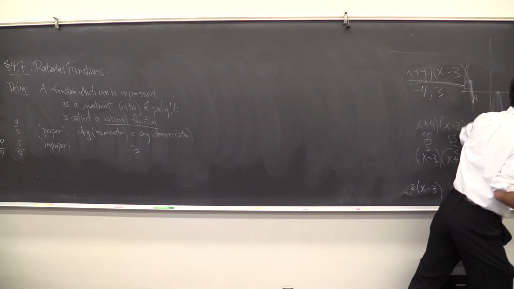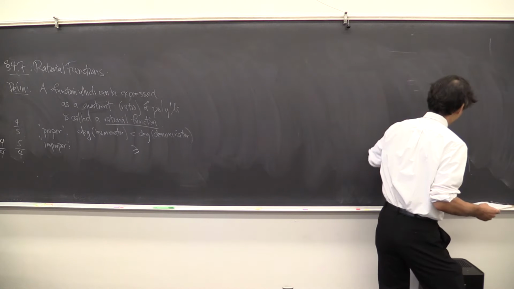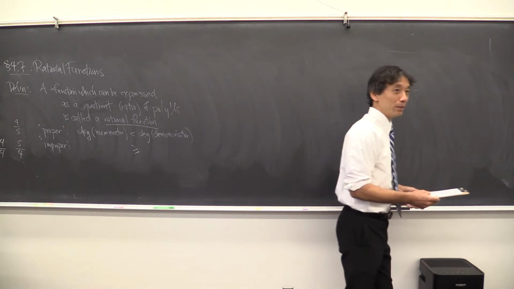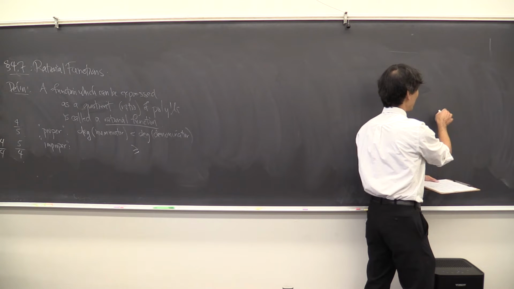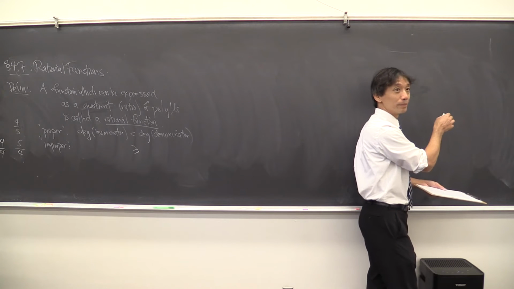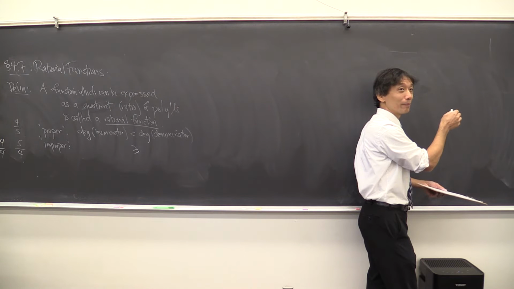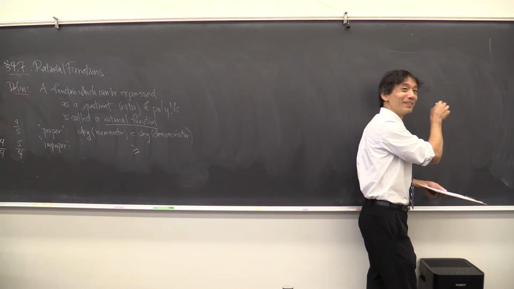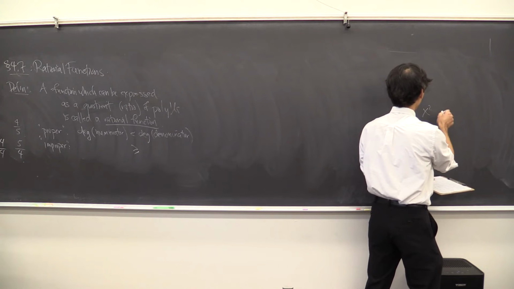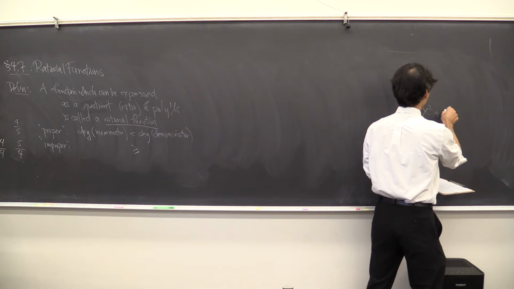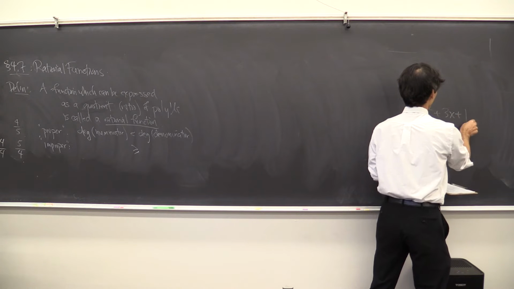You don't have to know this, but let me just show you something like that for fun. Somebody give me a polynomial. Nope, nobody wants to. X squared plus 3x plus 1.